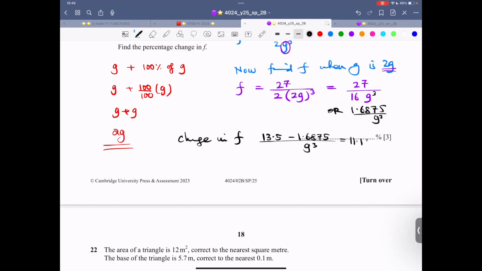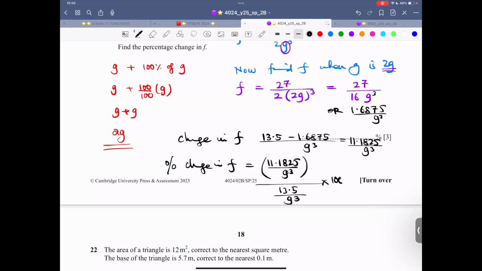That is 11.8125 over G cube. Therefore, the percentage change in F is 11.8125 over G cube divided by the original, which is 13.5 over G cube, into 100.